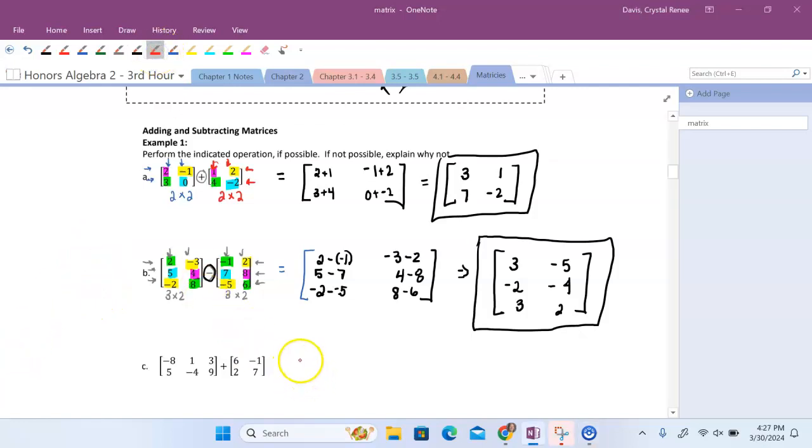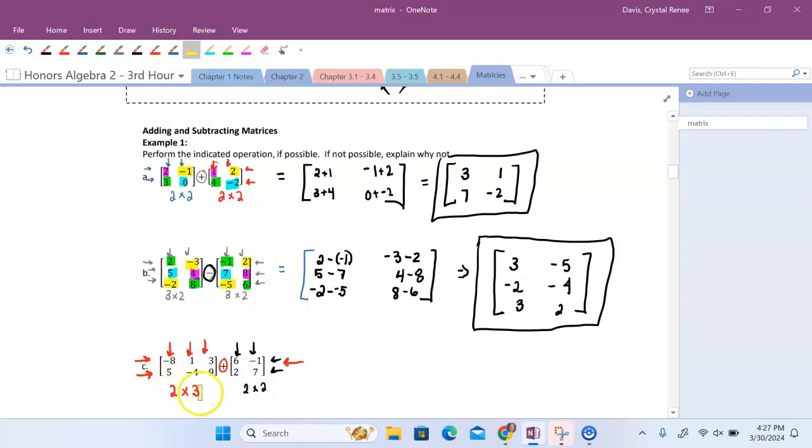All right, so let's look at C now. Okay, so we're going to add these two matrices. So the first thing you're going to do is make sure that our dimensions are the same. Okay, so this is 1, 2 rows by 1, 2, 3 columns, so that would be a 2x3 matrix. Okay, and then over here I have 1, 2 rows and 1, 2 columns, so this is a 2x2 matrix.